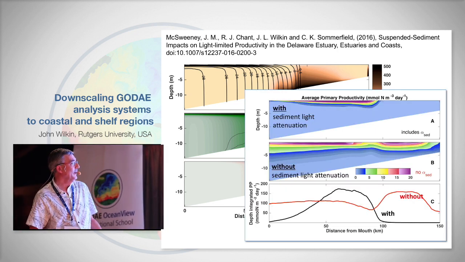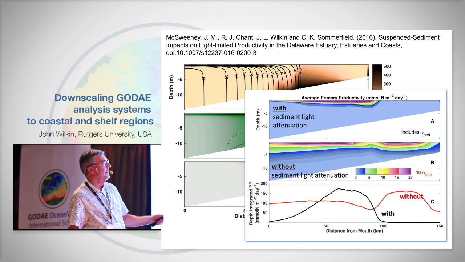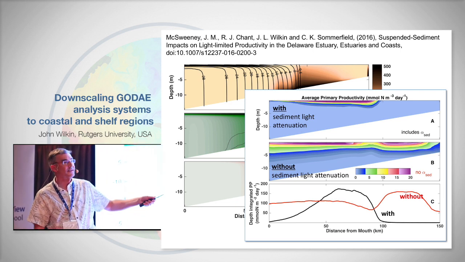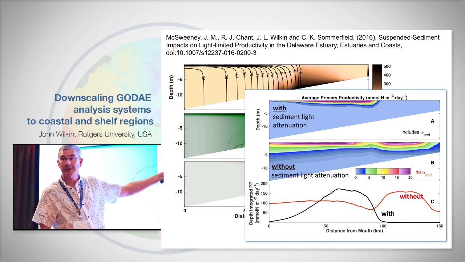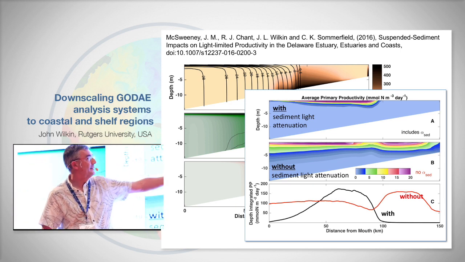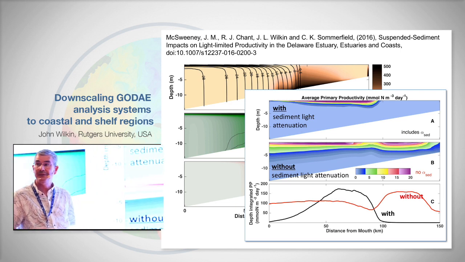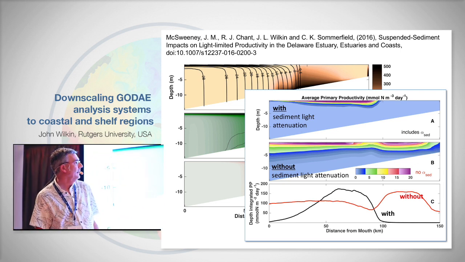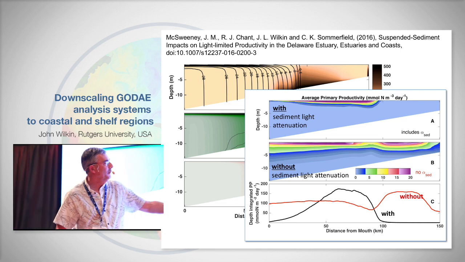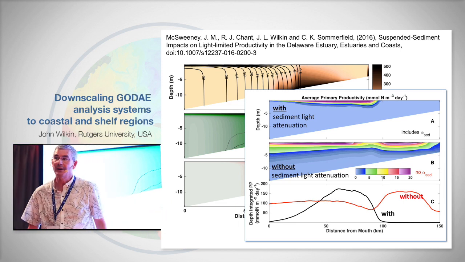And if you carry this through and look at the average primary productivity, if you have the sediment light attenuation, the productivity is limited to the surface because of the shallow optical depth, and there's nothing in the upper reaches of the river. But if you don't have that attenuation of light due to the presence of inorganic sediment, you have a bloom all the way across as soon as that water comes in.